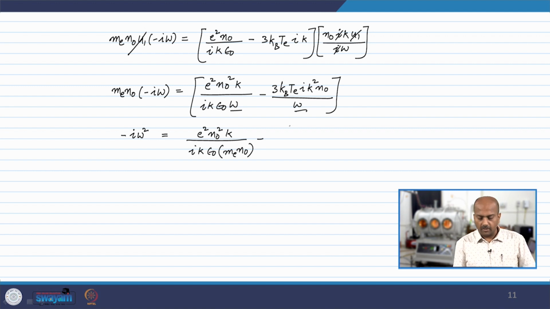The n naught is the unperturbed electron density. Minus 3 k_B T_e i k square n naught divided by m_e n naught.